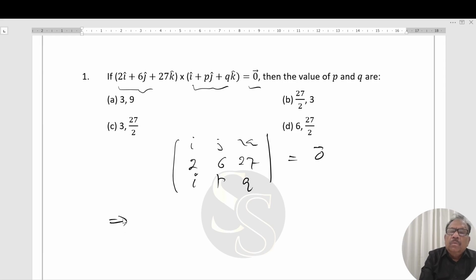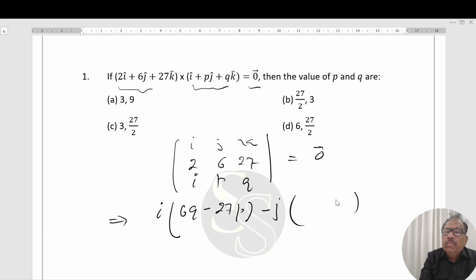In that case, simplifying it, i(6Q minus 27P) minus j(2Q minus 27) plus k(2P minus 6).